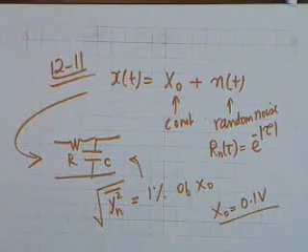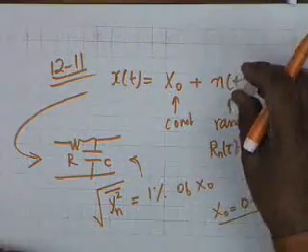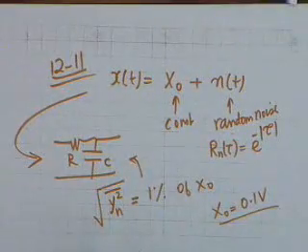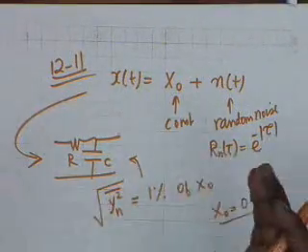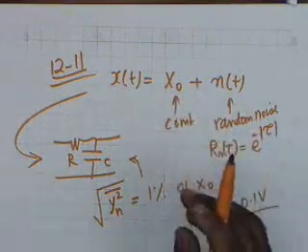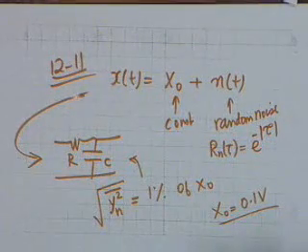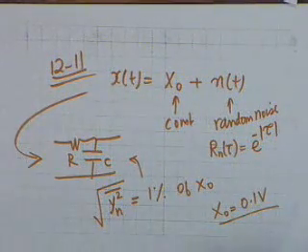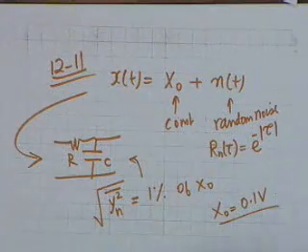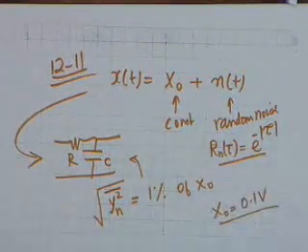That is the process. Let's understand this physically. n(t) is colored noise, and you want to filter out the noise and estimate x0. Colored noise has a spectrum, and if you can get rid of the spectrum, obviously it is very nice, but the colored noise also has a DC value.